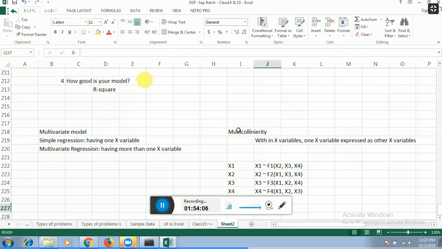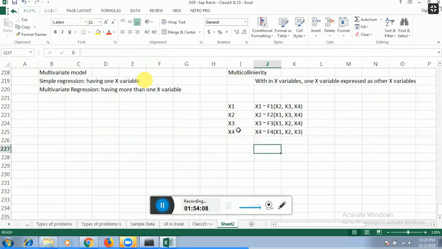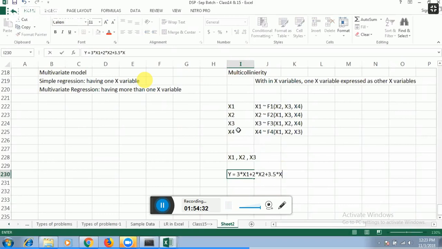Let's take an example. Suppose you have three variables, x1, x2, and x3. My relationship is something like this: y equals 3 times x1 plus 2 times x2 plus 3.5 times x3 plus 100.